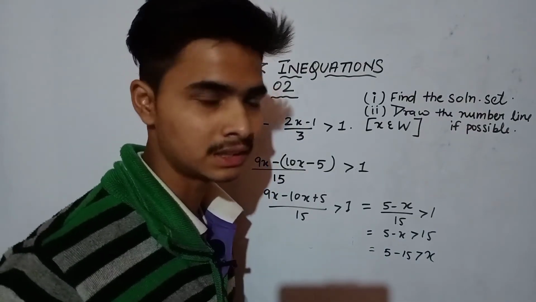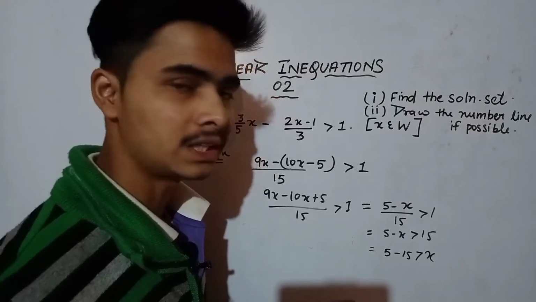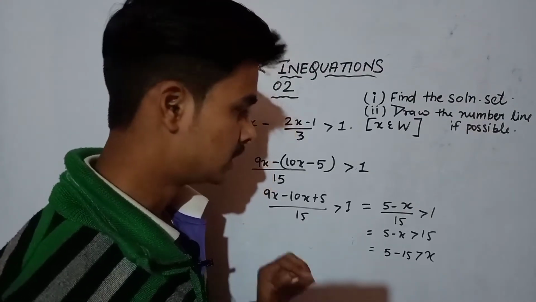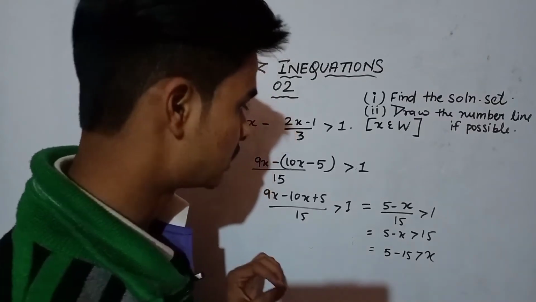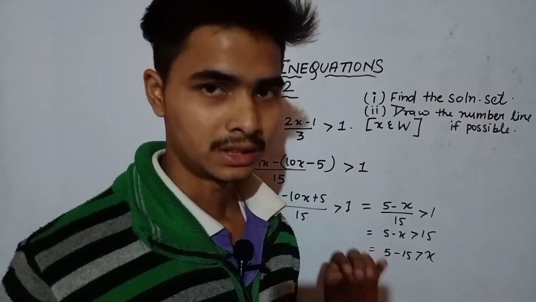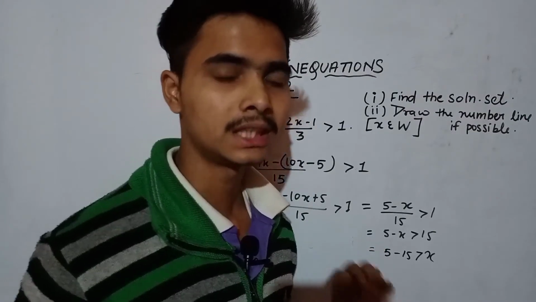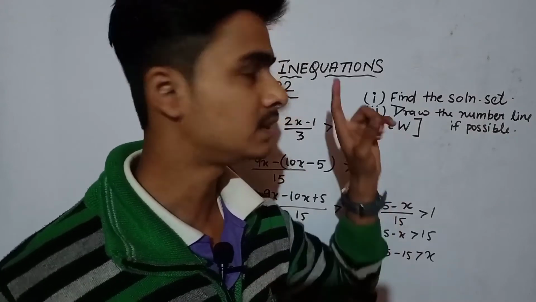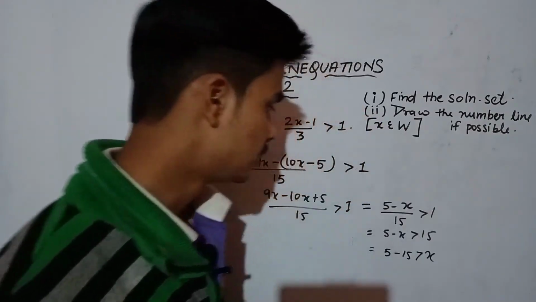I have already explained in the last video that only if you divide or multiply by a negative number does the sign change. But if you want more details and more examples, you can definitely watch that video. The link is always provided in the description box, or you can find it now in the i-card also.